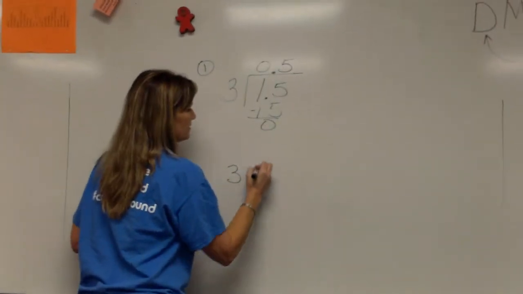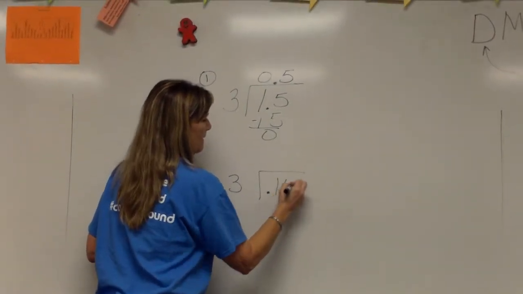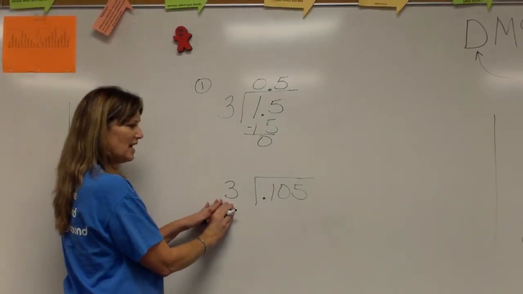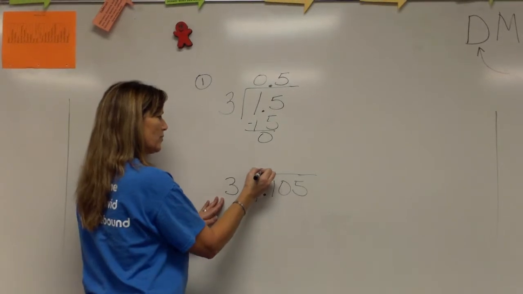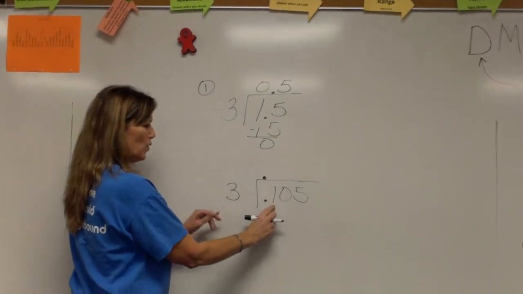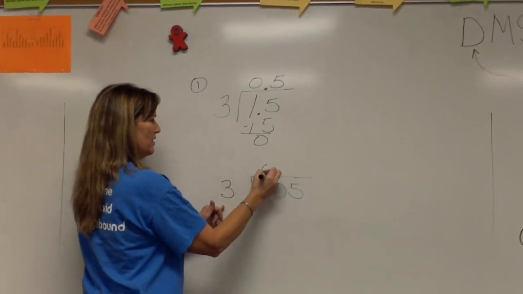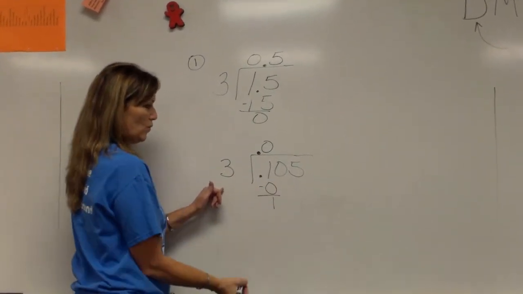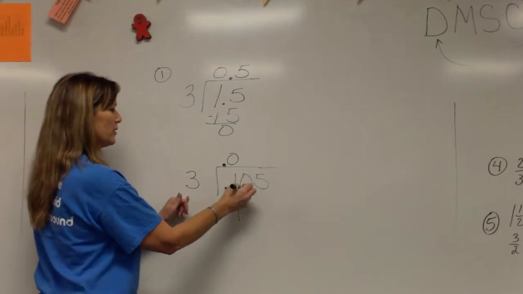Let's try this. Okay, same thing. There is no decimal in my divisor, or outside my house, so I'm going to bring this straight up. 1 divided by 3, okay, there's nothing. 0 times 3 is 0. 1 is left. 1 is smaller than 3.